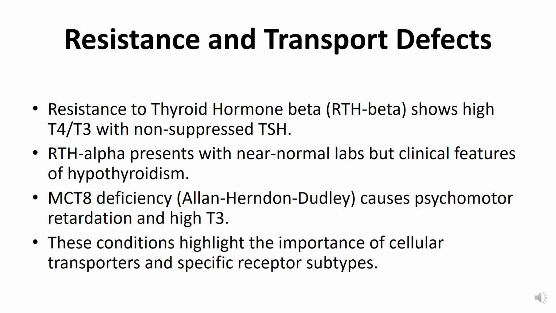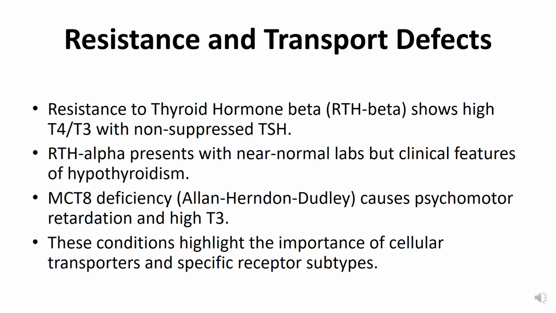This creates a very unusual laboratory pattern. Patients often show elevated T4 and T3 together with a normal or even mildly elevated TSH. Under normal circumstances, high thyroid hormone levels should strongly suppress TSH.